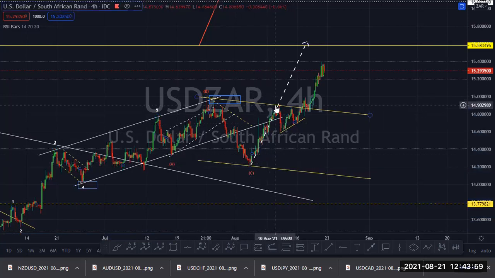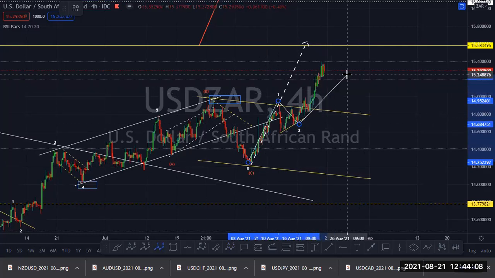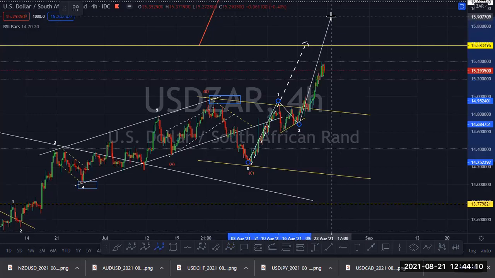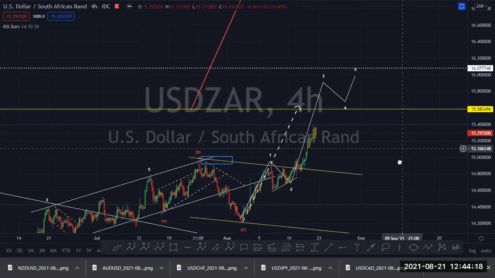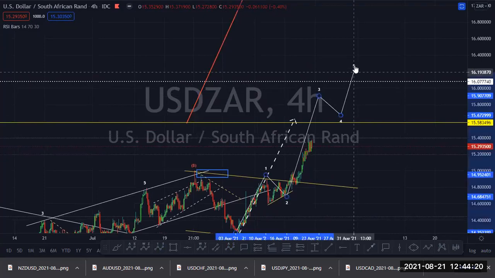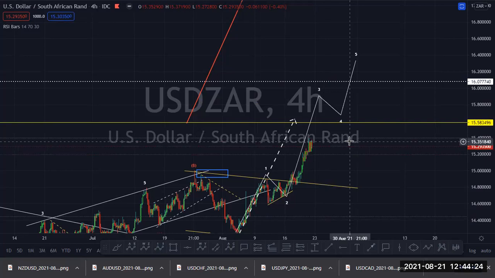I might not be accurate, but to me this seems to be wave 1, wave 2, wave 3. If this is wave 3, then expect it to close above this place. Then you get 4 and 5 somewhere far up.